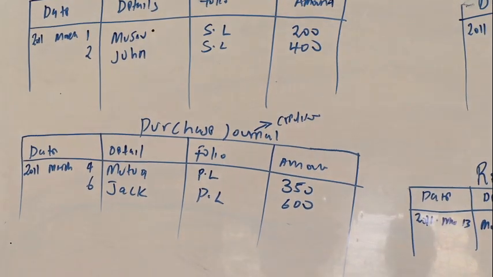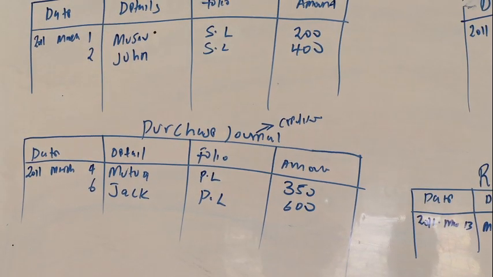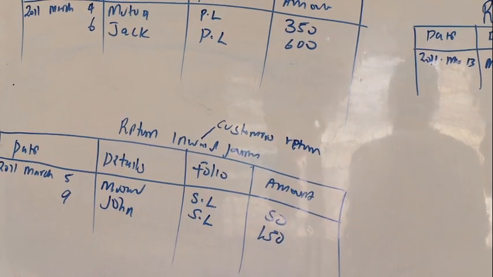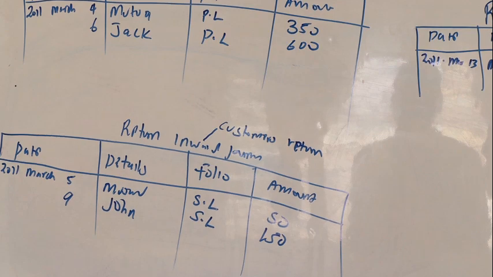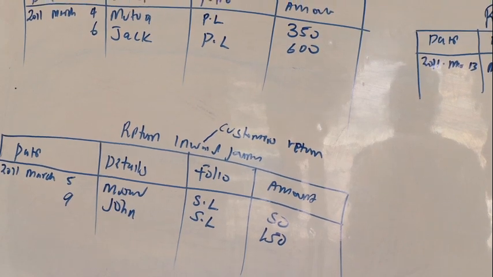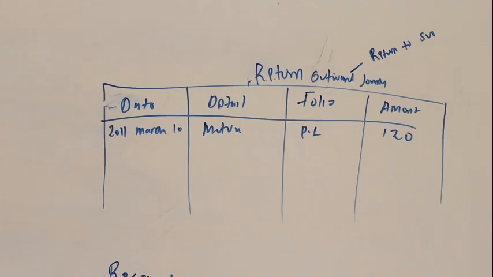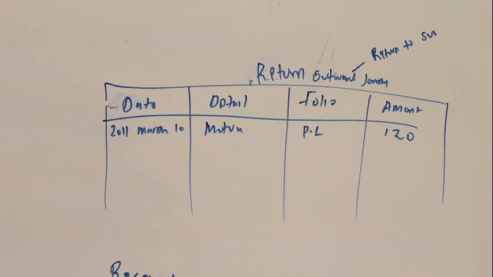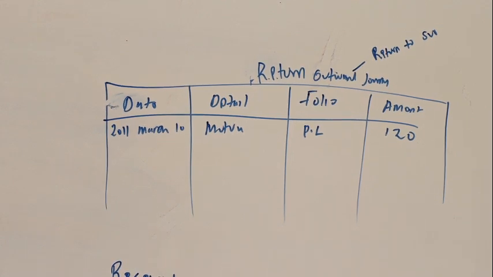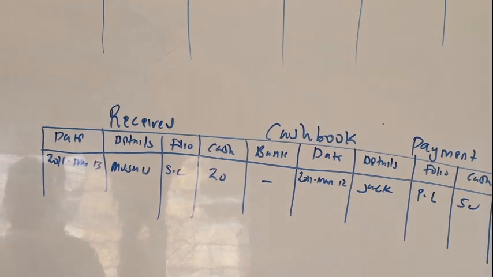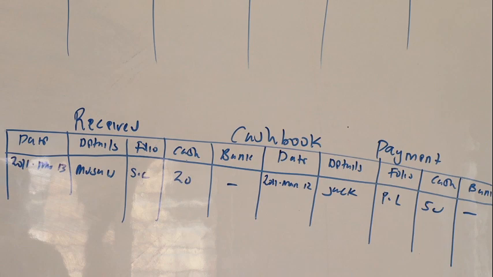We have purchase journal, which has recorded all the creditors. We have what we call returns inward journal, which records customer return. We have purchase returns outward journal, which records returns to suppliers. Then we have cash book, which records now the payment or the receipts.